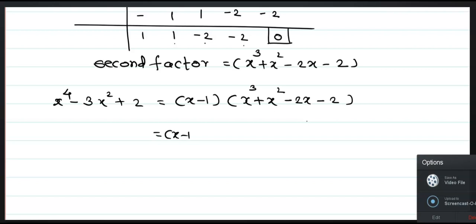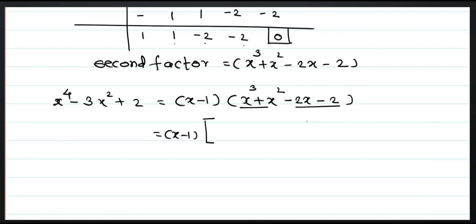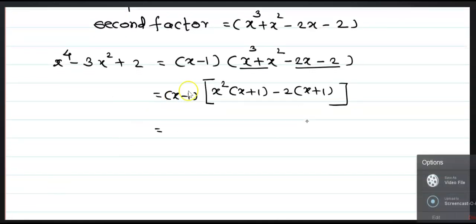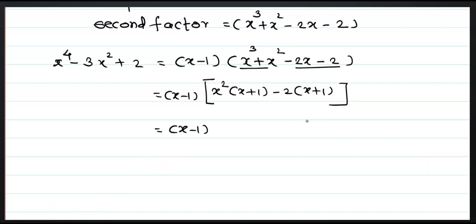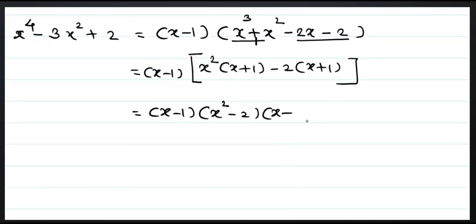You can also write down here. Take common from these two, we are taking x square as common, in bracket x plus 1. From these two, we are taking minus 2 common, then in bracket x plus 1. So x plus 1 into the first bracket x square, and the second bracket minus 2.